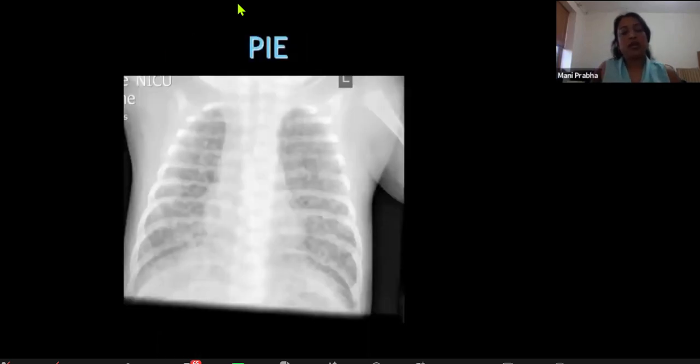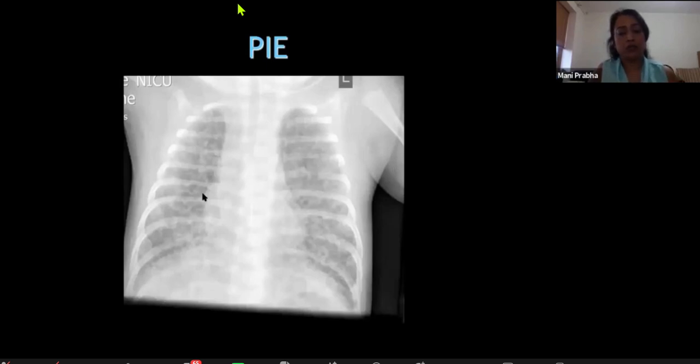So this is PIE, and if patients are intubated or you get the history of intubation, please keep it high in your list. The appearances can be confusing, but if you see symmetrical lucencies and coarse pattern, keep it high on the list.